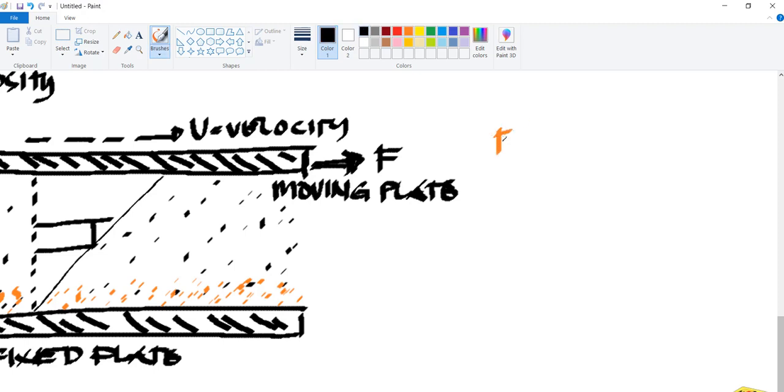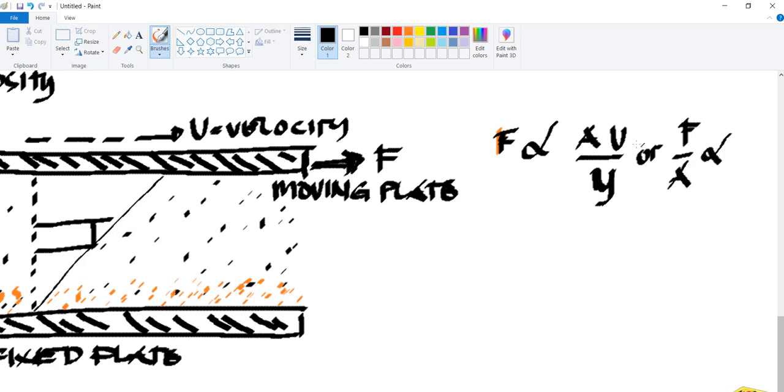We have a relationship in which the force is directly proportional to your area times your velocity divided by your distance, or your y. Sorry, this is y. Or we can say that the force over the area is directly proportional. Sorry.